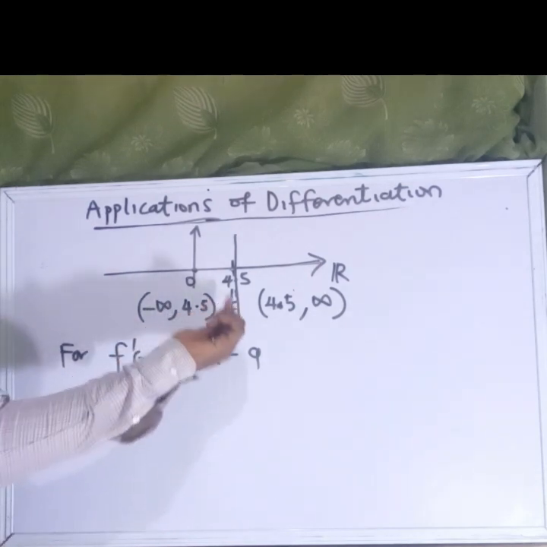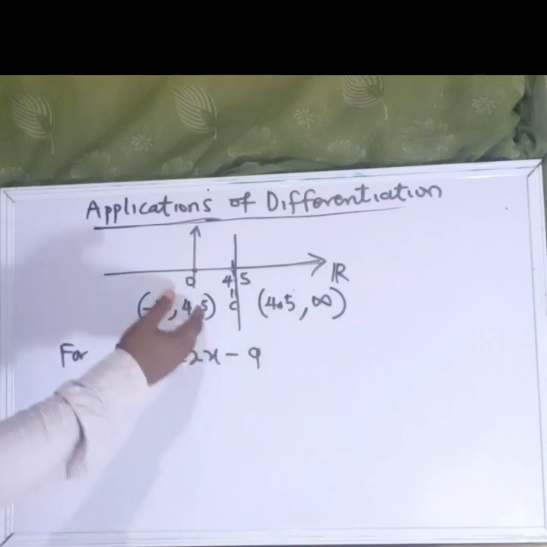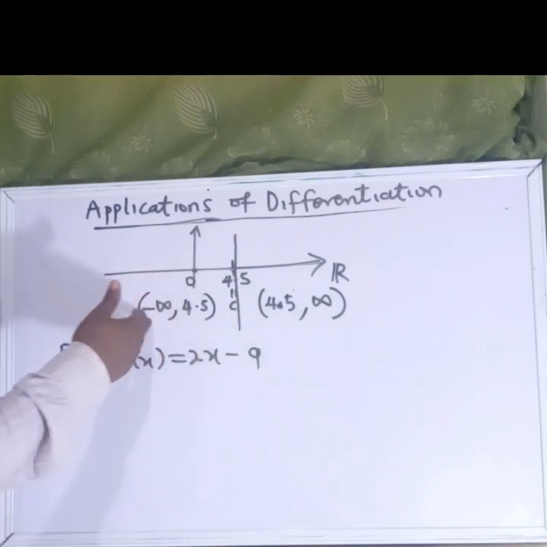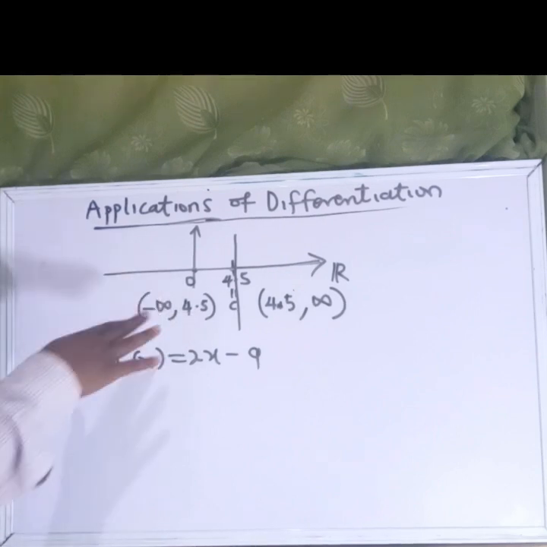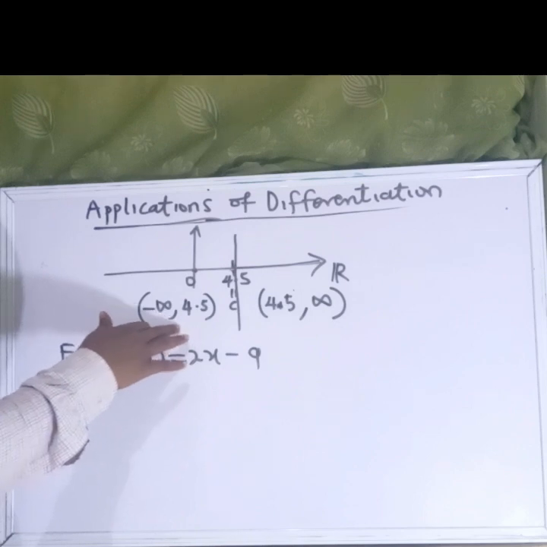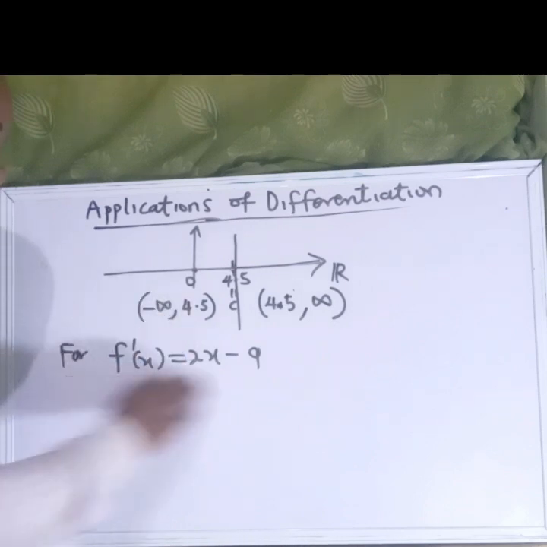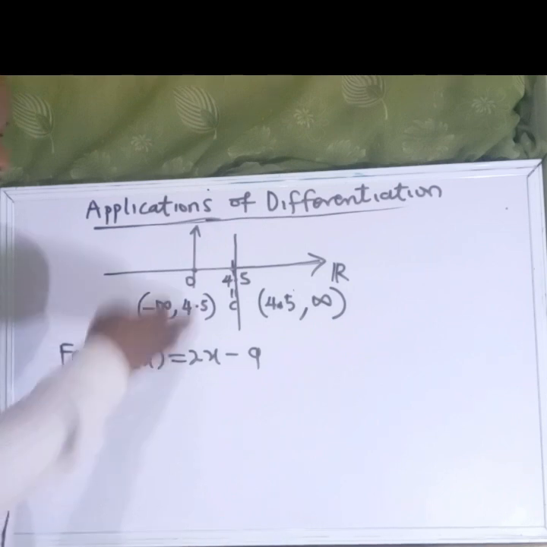From the left of the critical point, the points on the left are from negative infinity to 4.5. We can select any point here and substitute it. If this is positive, we'll see it is increasing from the left.